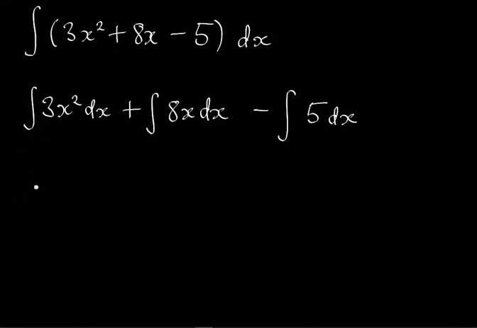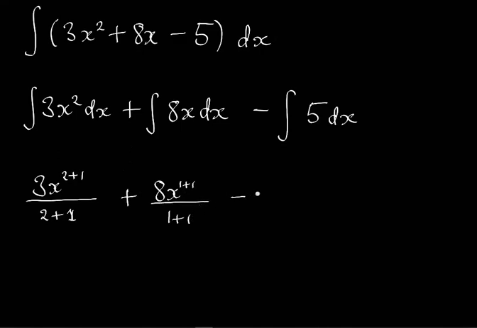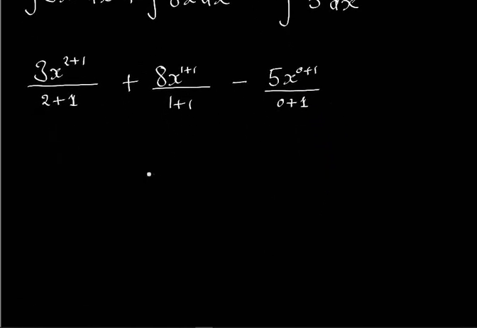The first one here is going to be 3x to the power 2 plus 1 divided by 2 plus 1, and the next one there is going to be 8x to the power 1 plus 1 divided by 1 plus 1, minus 5x, we've got a 0 plus 1 and 0 plus 1. Here we're going to have a plus c. If you want this plus c, you can just write it at the end of your answer. So let's simplify this.